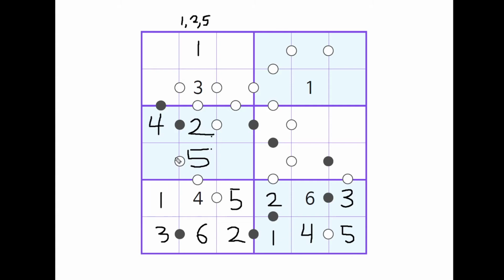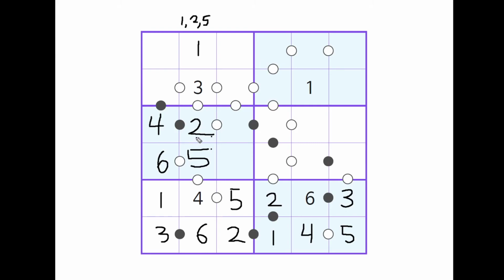Now, beside this number 5, we must place a number that is consecutive to 5. The only choices we have were 4 and 6, but since we already put the number 4 in this cell, we know that the number 6 must go here. And now just to check, we know that we aren't breaking rule number 3 between 4 and 6 and 1.